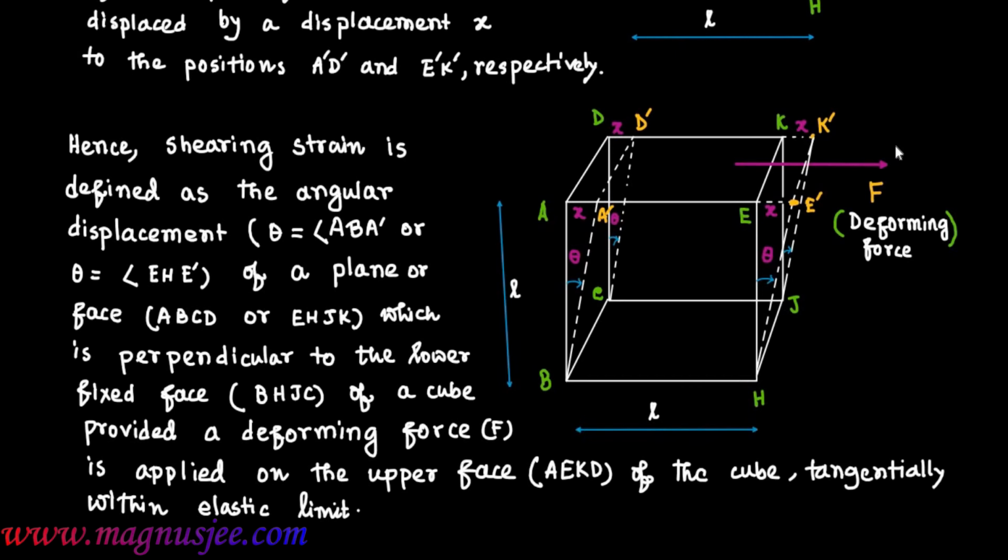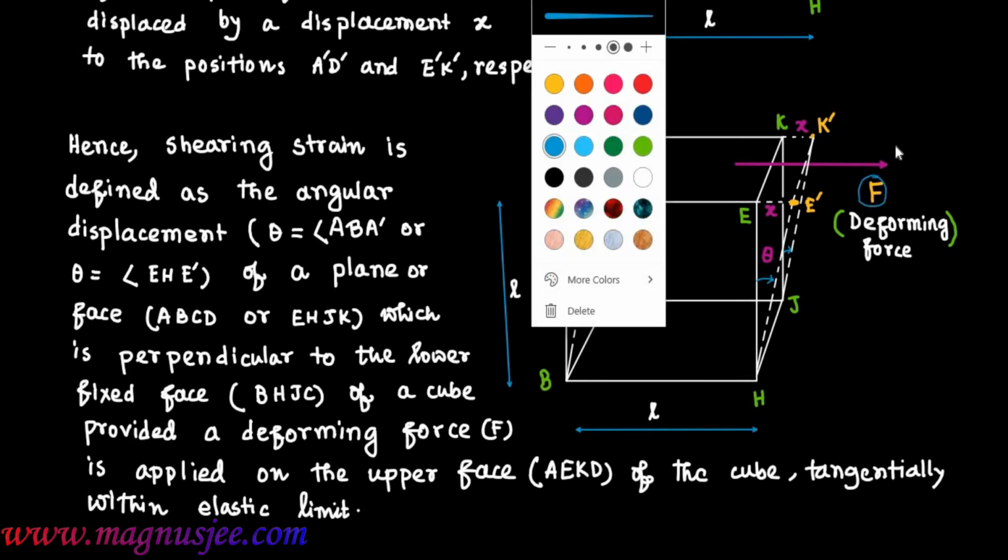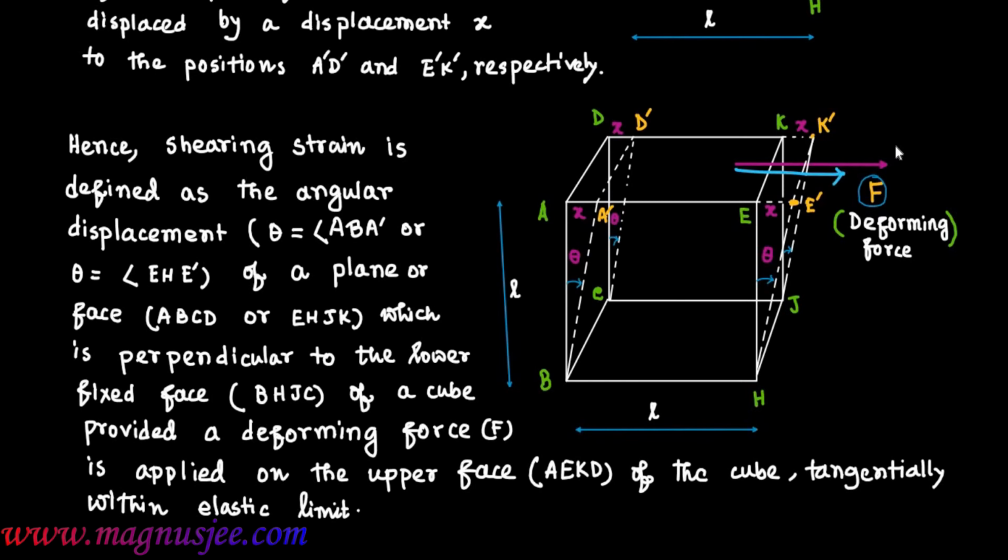Shearing strain is defined as the angular displacement of a plane or face which is perpendicular to the lower face.